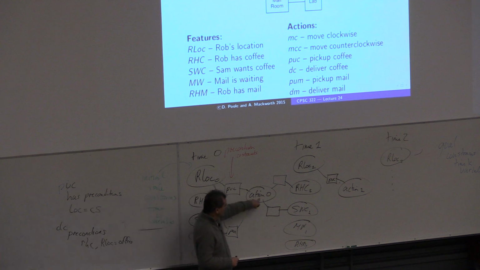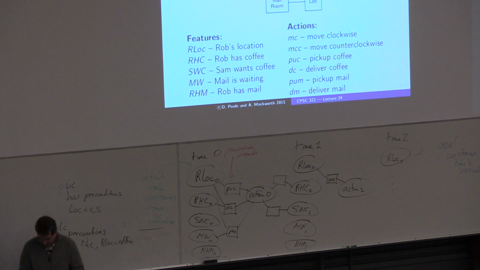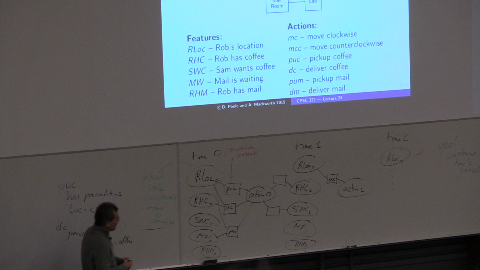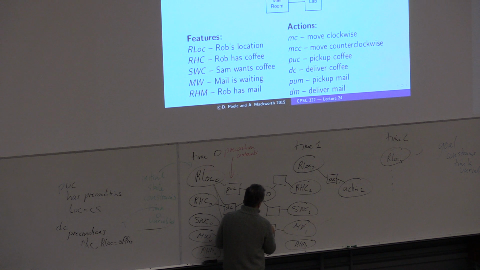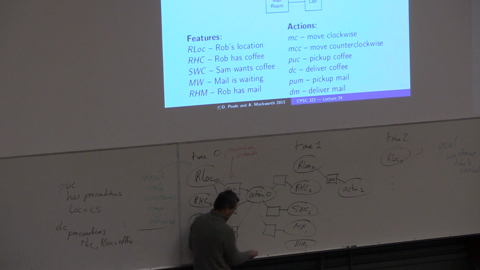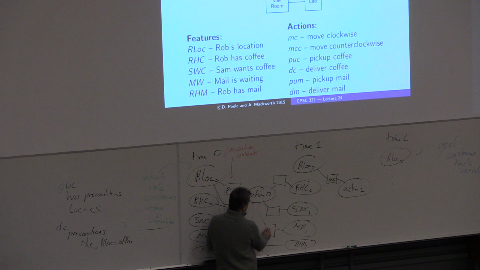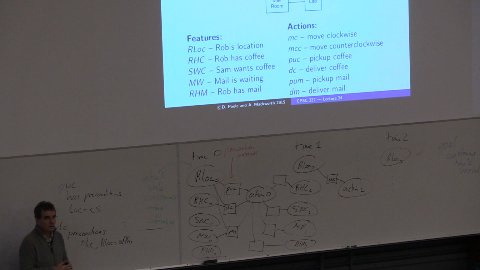So if the action is deliver coffee, then Sam wants coffee becomes false. What about mail waiting? Does it only depend on the action? Right, so mail waiting depends on the action, and robot has mail. So this only depends on the action, so these are the effects of it.